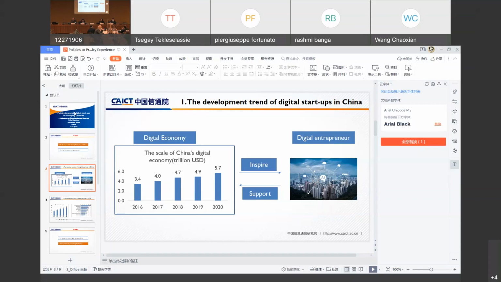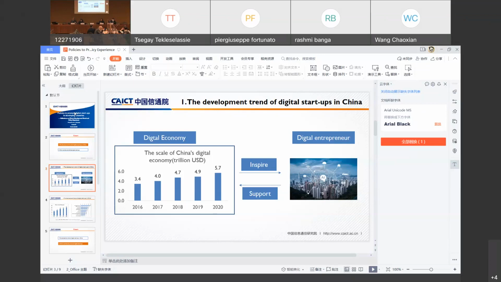The rapid expansion of China's digital economy not only stems from, but also stimulates high quality and high volume entrepreneurial activities. In China, the digital economy is the sector with the most intensive entrepreneurial activities and the fastest growth of startups.